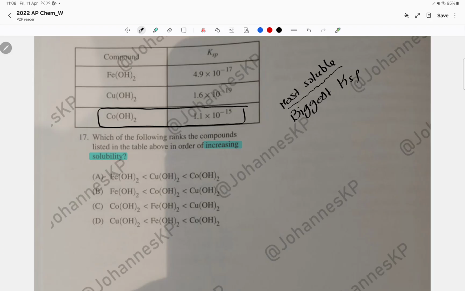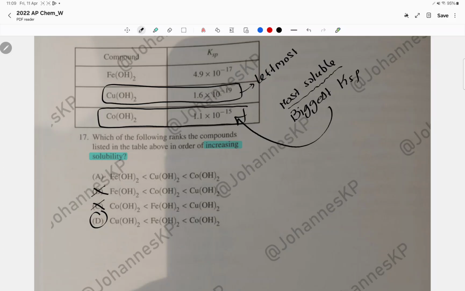So look, biggest KSP means more solubility. So you have to have Co(OH)2 on the right side. So it's not B and it's not C. Oh, right. And you have to have the least KSP on the leftmost. So it's D. Exactly.